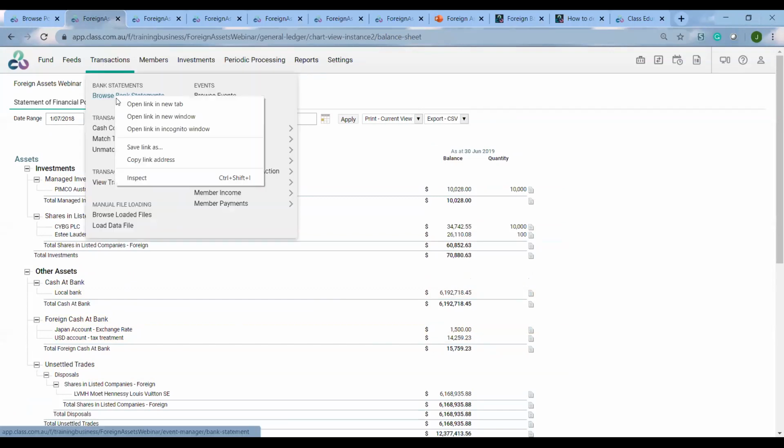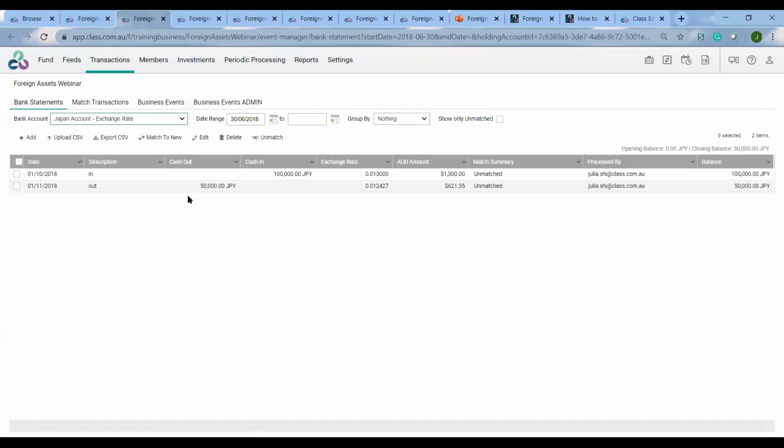I will also show you how this Forex realized gain happens. On 1st of October, I've put in this 100,000 Japanese yen into this bank account. The cost, I would say, is 1,300 Australian dollars. And then a month later, I've taken 50,000 Japanese yen out.